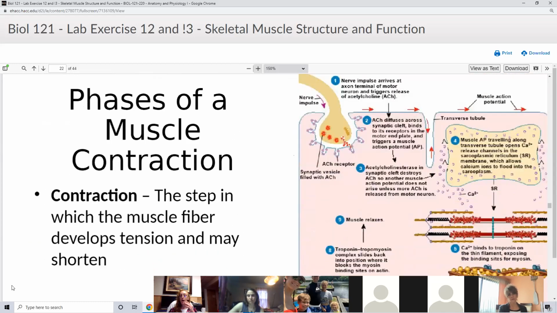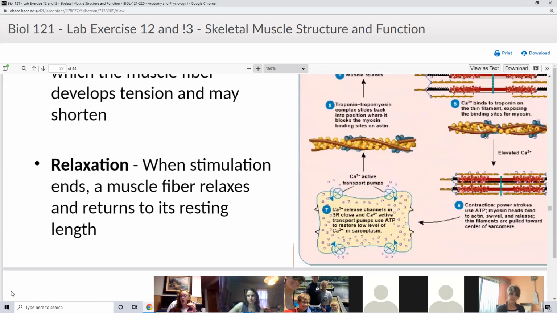Then we have contraction, which is the step in which the muscle fiber develops tension and may start to shorten. When the stimulation of the neuron ends, the muscle fiber then relaxes and returns to its resting length.